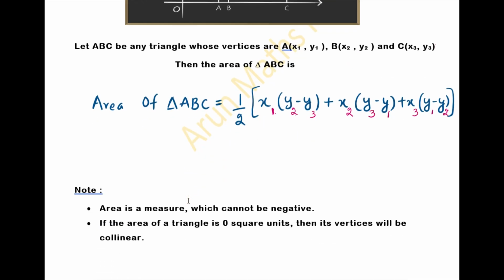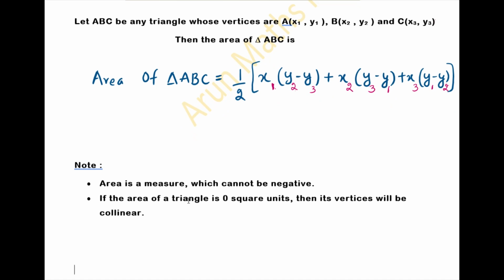Students, make a note that if you are calculating area, area is a measure which cannot be negative. Area cannot be negative. If you get the answer as negative, write it as positive. Now, next note, if the area of a triangle is 0, that means the vertices are collinear.